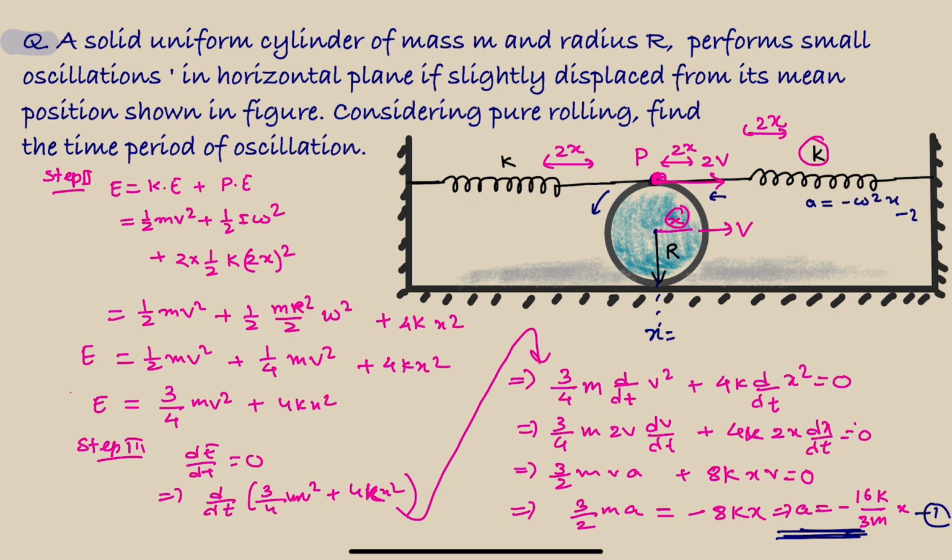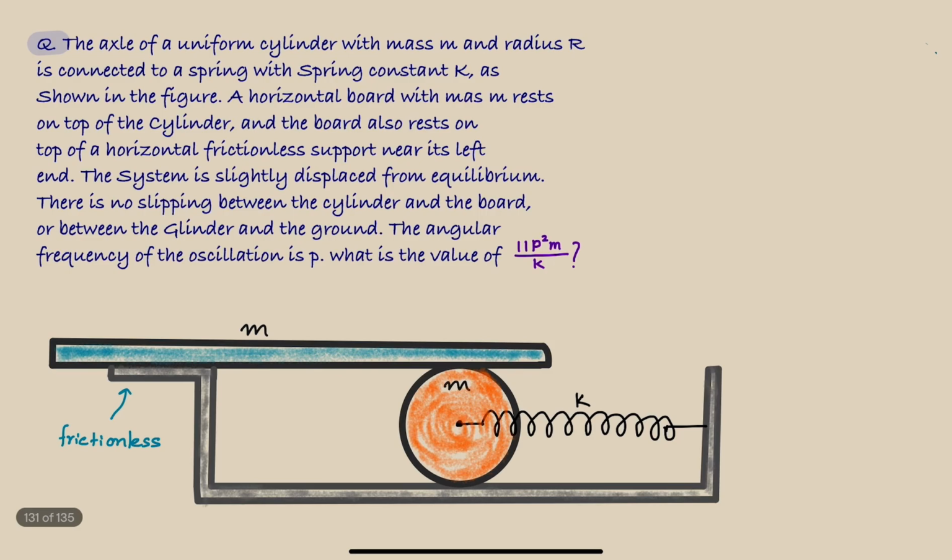Now I will compare this term with that of the omega square. So omega square shall be equal to 16k divided by 3m, right? So time period will be equal to 2 pi square root of 3m by 16k. Okay, so that will be the answer. I hope this is very much clear.